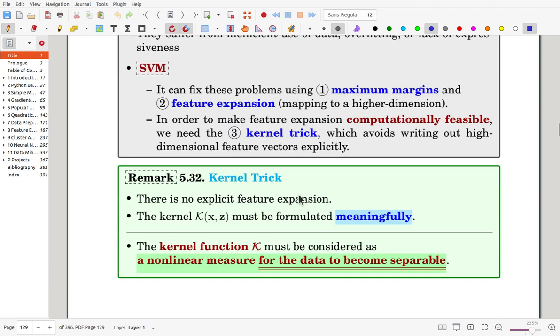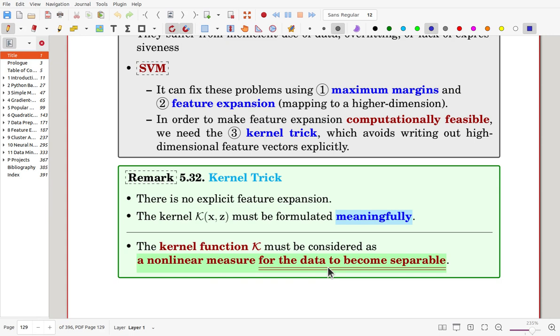Here we have a final remark on the kernel trick. In the kernel trick, there is no explicit feature expansion. However, the kernel must be formulated meaningfully. That means that the kernel function must be considered as a nonlinear measure for the data to become separable.